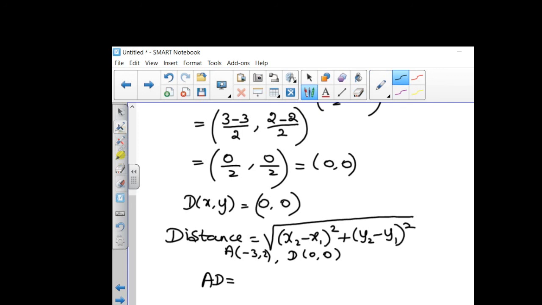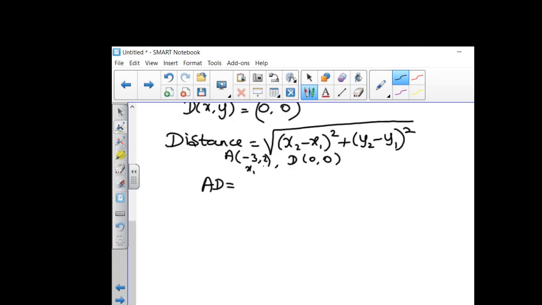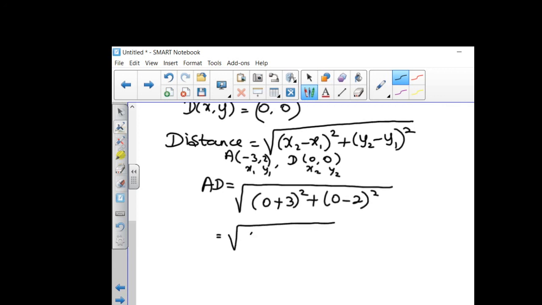AD is equal to root of x2 minus x1, 0 minus of minus 3, that is plus 3, whole square, plus y2 is 0, y1 is 2, whole square. Therefore root of 3 square plus minus 2 square. So what do you get? 3 square is 9 and 2 square is 4. Therefore root 13. Okay, this is AD.